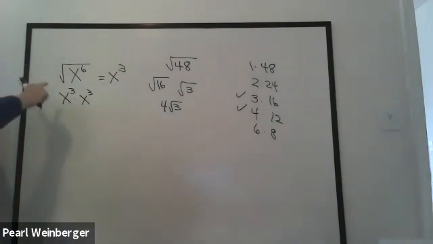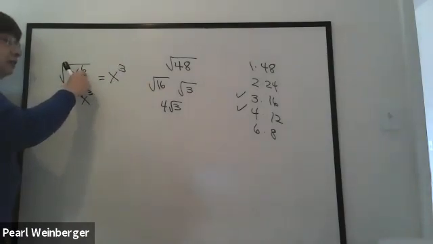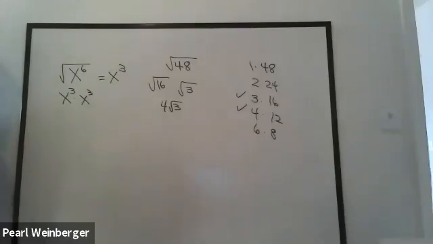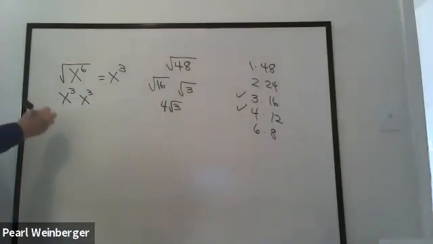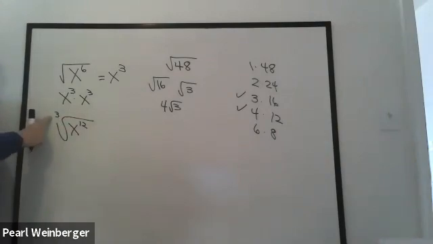That gives us a good way of figuring it out. In order to do the square root of a variable, all you have to do is take the exponent on the variable and divide it by 2. Why am I dividing by 2? Because my index is 2. If I were to ask you the cube root of x to the 12th, remember this is the 3rd root, then I would take the 12 and divide it by 3 because my index is 3.